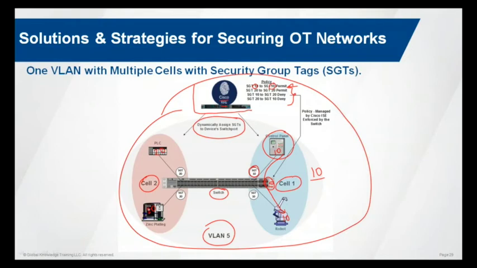Anybody within cell 1, I want you to communicate with each other without any restrictions. Same thing for tag 20. Anybody within cell number 2, I want to allow some type of communication. But everything else I'm going to deny. By the way, I didn't even have to do that, because if it's not explicitly allowed, it will be implicitly denied. Okay? So now I have microsegmented my network. If you are part of cell 1, you cannot communicate with cell 2.